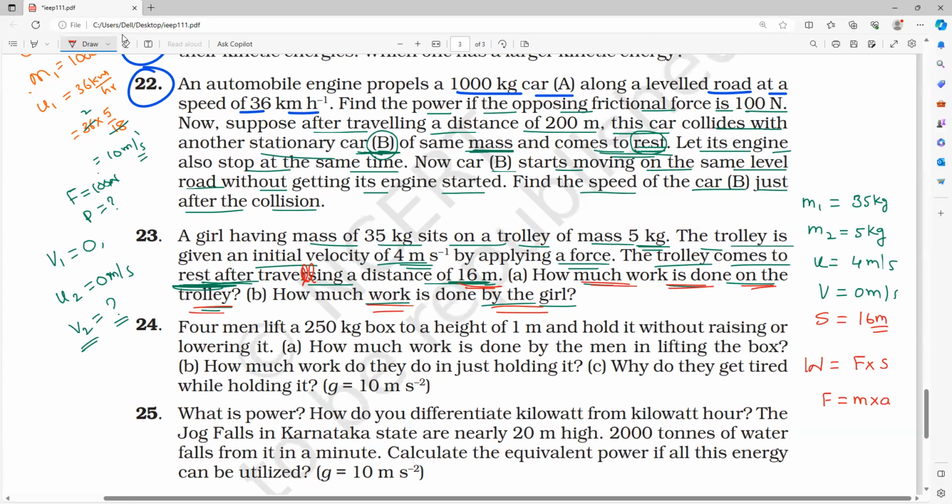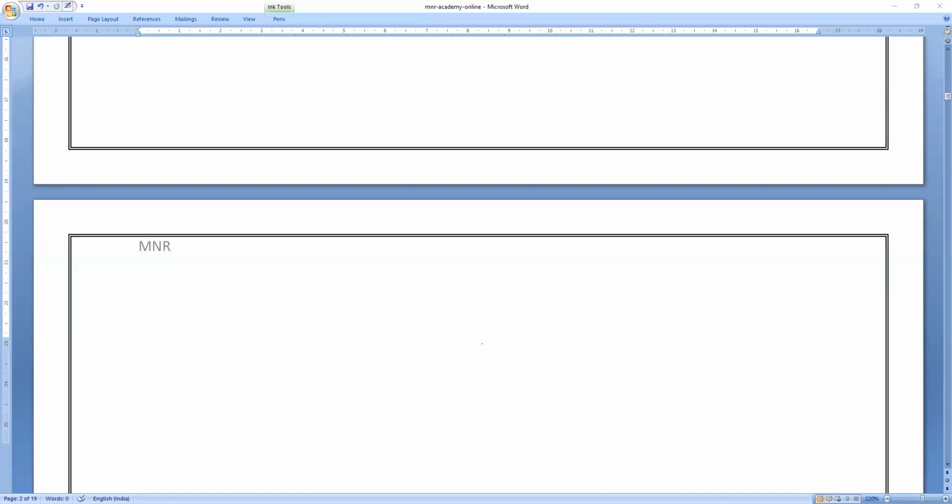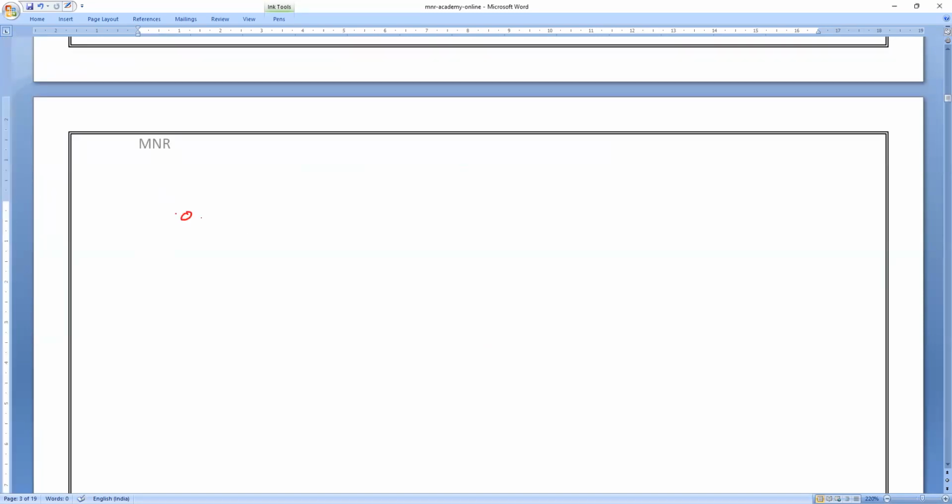Now tell me, the velocity is decreasing, so does the acceleration come negative or positive? Initial velocity is 4 meters per second.